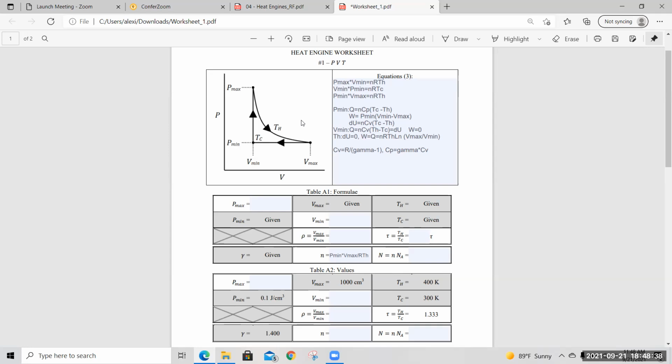Now, the equations we know. We have 3 points of interest to us. We wrote the first point at the top, and the top has a pressure Pmax, a volume Vmin, and a temperature TH. So we wrote the ideal gas law in there, which says Pmax times Vmin is equal to nRTH.